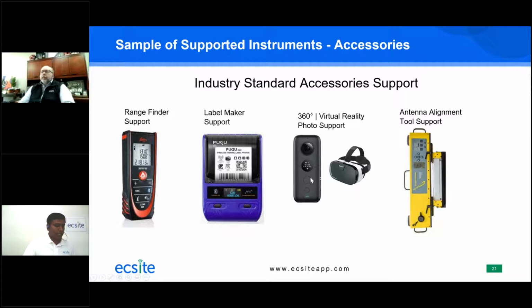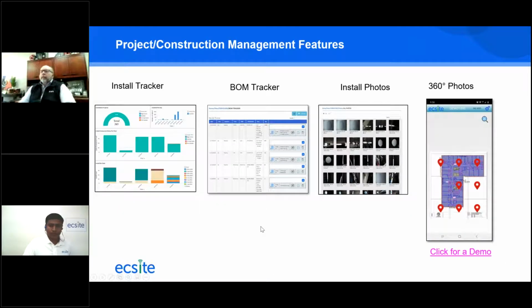Any labels you need to print can be printed from within our app. Again, all the cable names, everything gets loaded from IBWave or your Excel spreadsheets, so you don't have to worry about what the technician would label the traces as, because everything will be done through our app. And 360 cameras, I'll show you antenna alignment tools for macros as well.